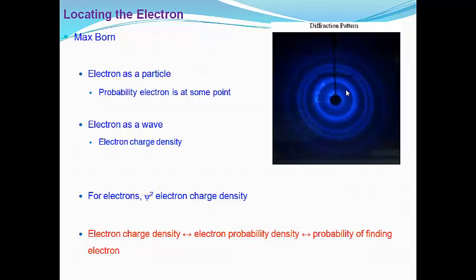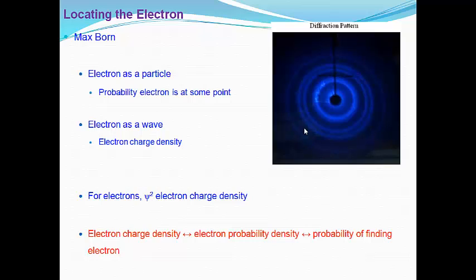Regions where you have dark bands are a result of zero probability of interaction. And as you go further and further out, the bands become lighter and less intense. The lower intensity is a result of less interaction, or a lower probability of interaction.